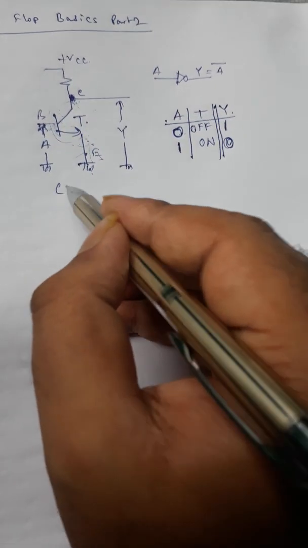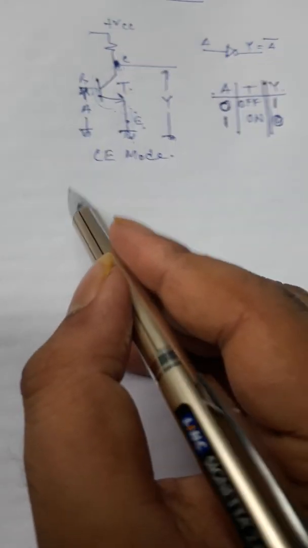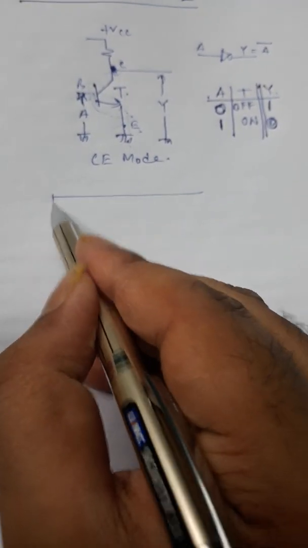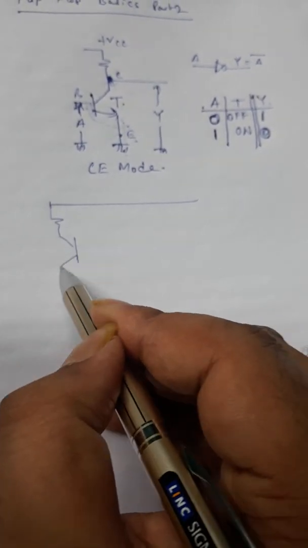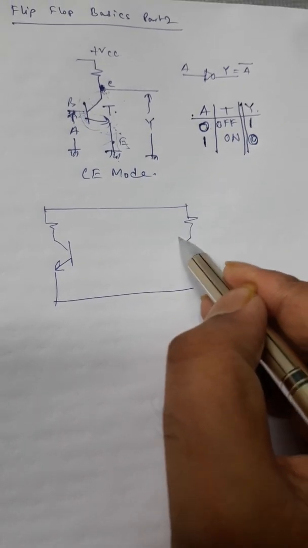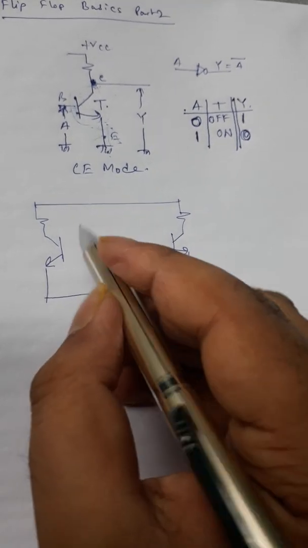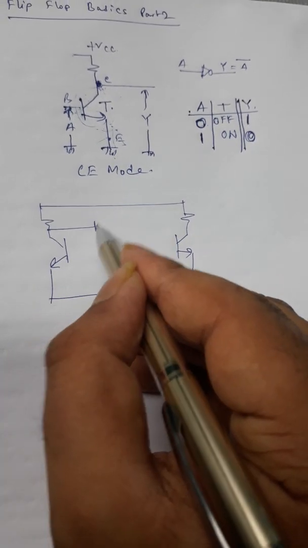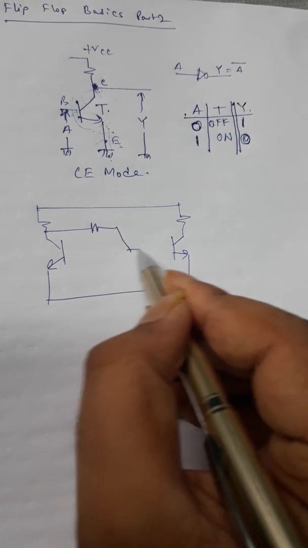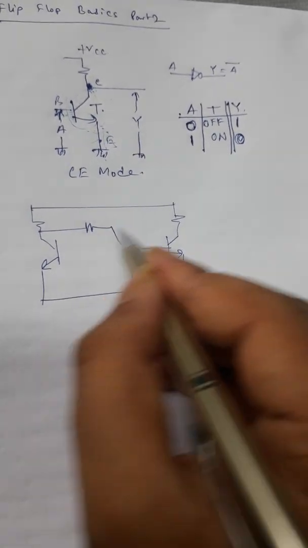This is in which mode? CE mode, right? Now, if we connect two transistors back to back, see, this is one transistor, fine, okay, and collector feedback is given.